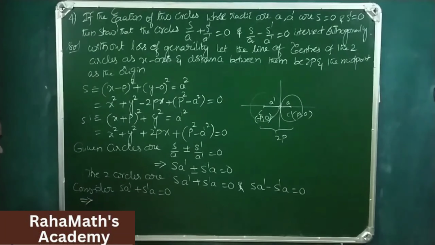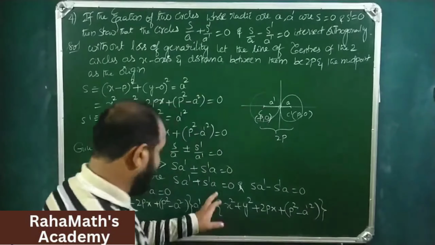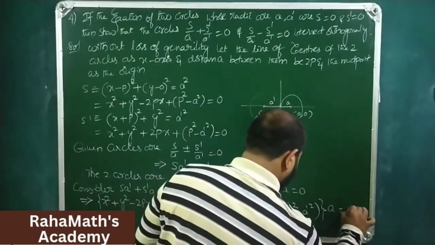S dash is this, x square plus y square plus 2px plus p square minus a dash square, into a equals 0.